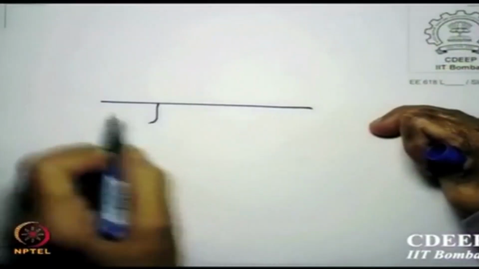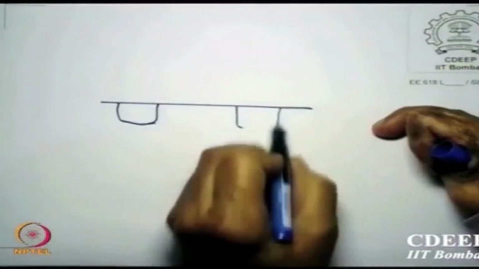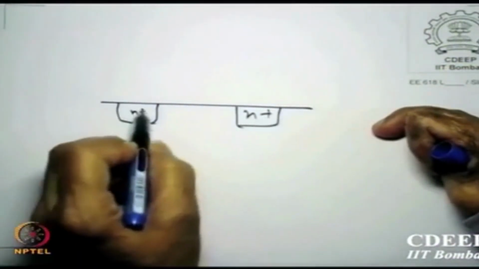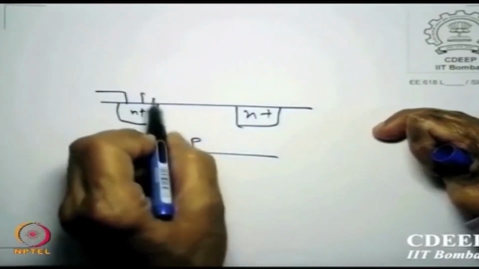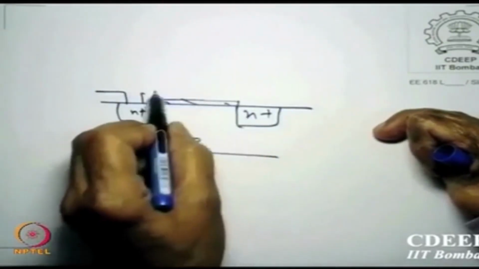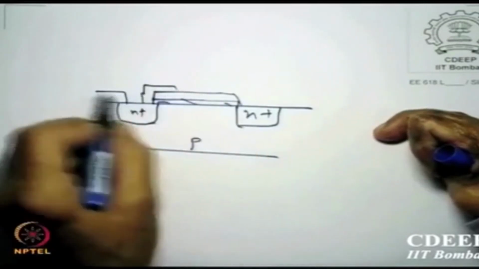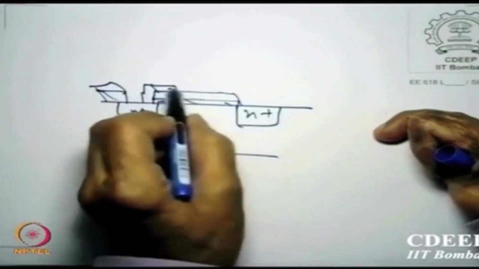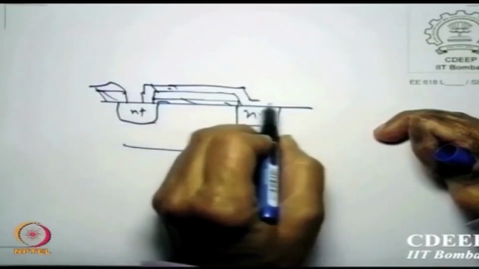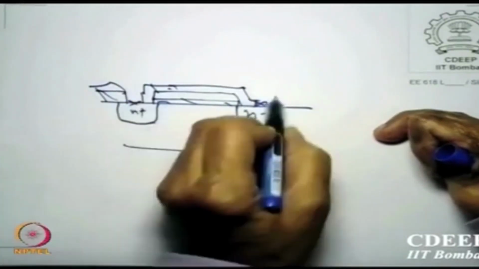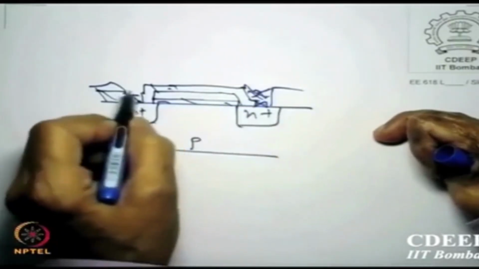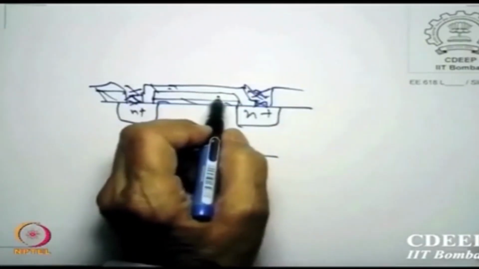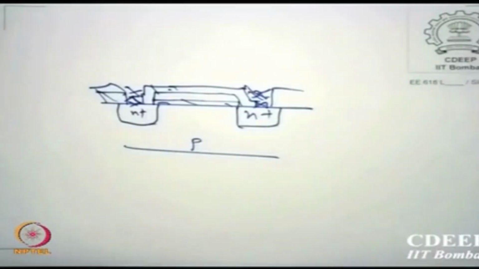Let us say this is my first layer, I am making an N-channel device, I open a contact, there is a gate here, there is a poly here, these are all oxides, these are contacts. This is the first metal I took for source and drain, and the gate of course is vertically outside.